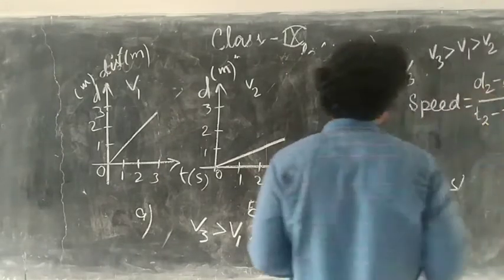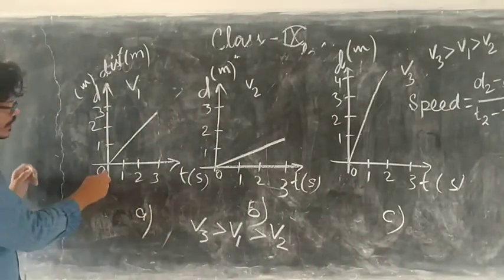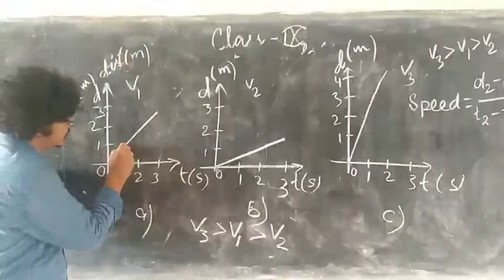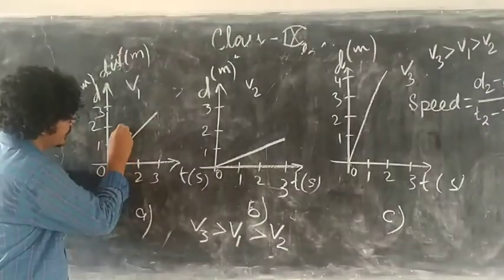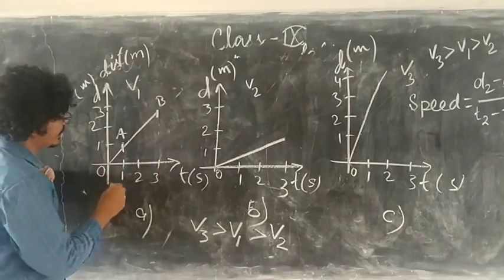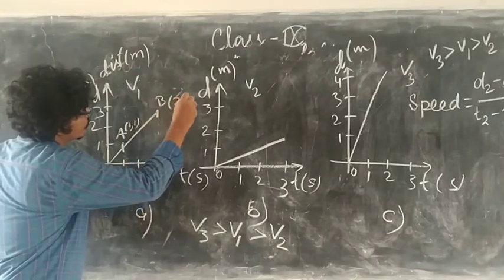What are d2, d1, t2, t1? They are the coordinates. Take any 2 points on the graph. Let us take these 2 points A and B. Now the coordinate of A is 1, 1 and the coordinate of B is 2, 2.